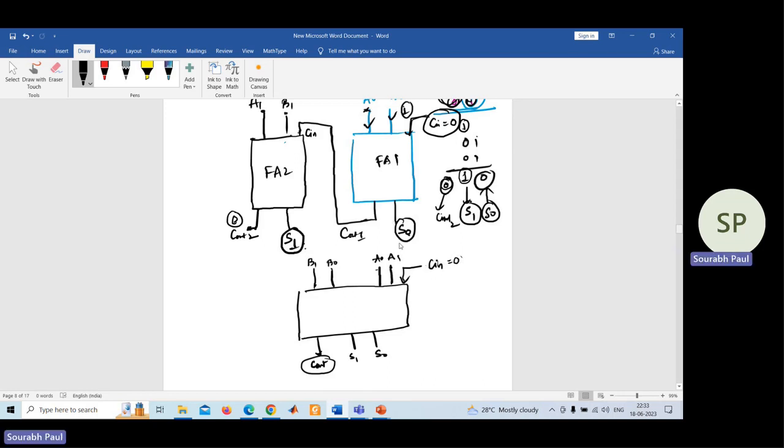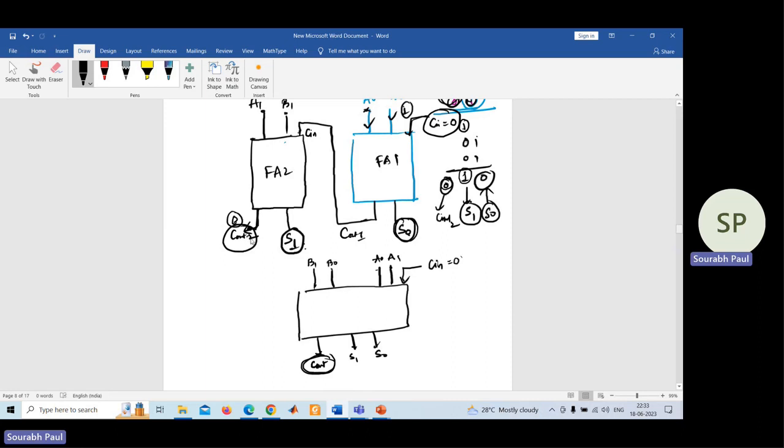Now, in this block diagram representation, you will have two outputs for this particular problem, that is S0 and S1, and you have one common carry output, that is your carry out 2 for this particular problem. Whatever final carry out you are getting, that is this carry out.